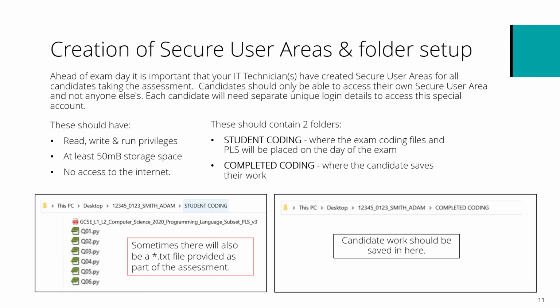If they call it that, we have to look at it. And if it's clearly question 5 and they've done a brilliant job on it, they will get the marks. So encourage them, make them practice, explain to them that they should follow the instructions on the question paper, name them perfectly, put them into the completed coding folder.